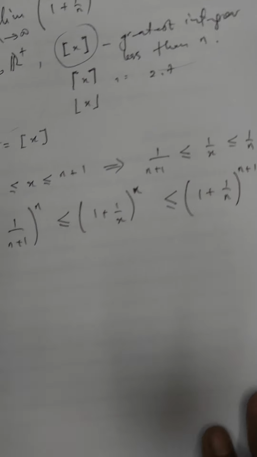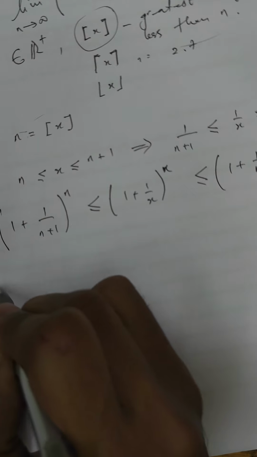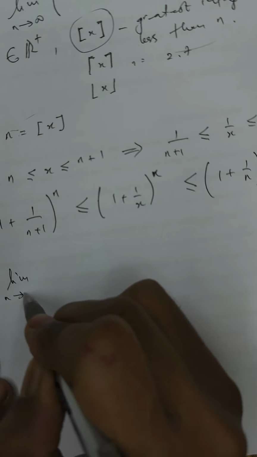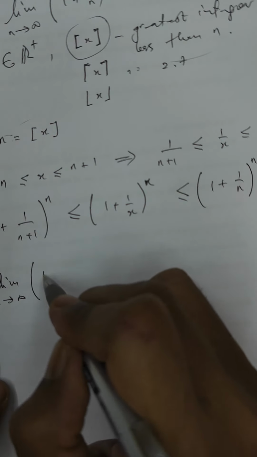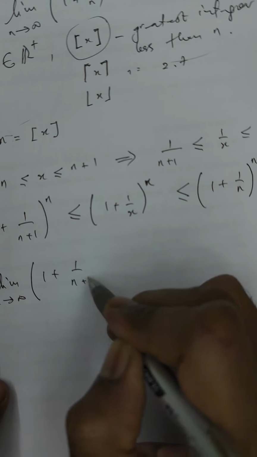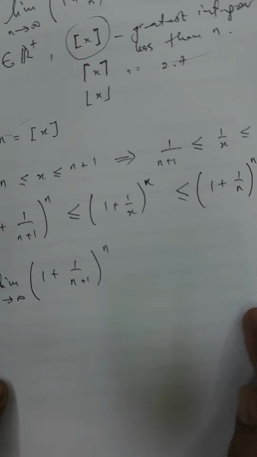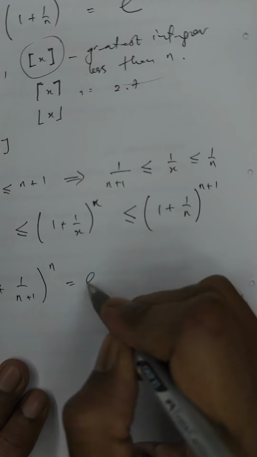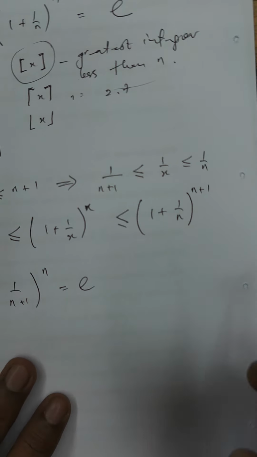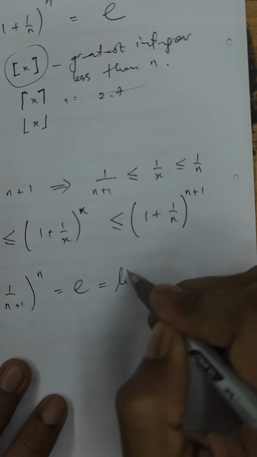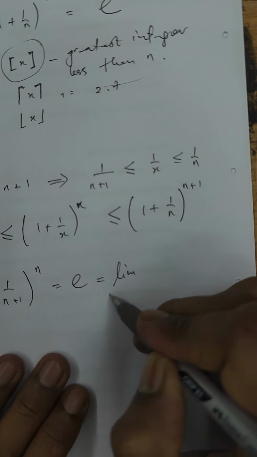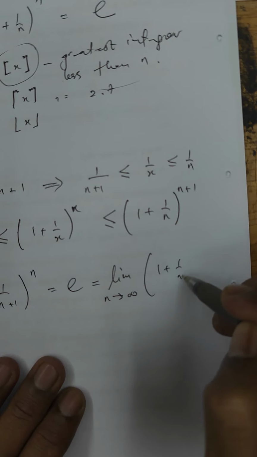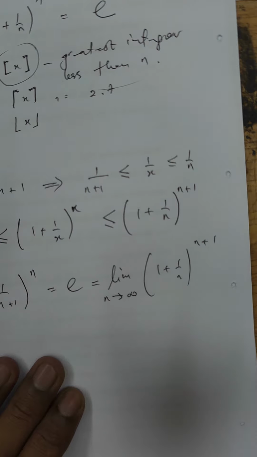Okay, but we know that the limit as n goes to infinity of 1 plus 1 over n plus 1 to the n, right? This is just e that we have shown earlier, and this is just the same as the limit as n goes to infinity of 1 plus 1 over n plus 1.